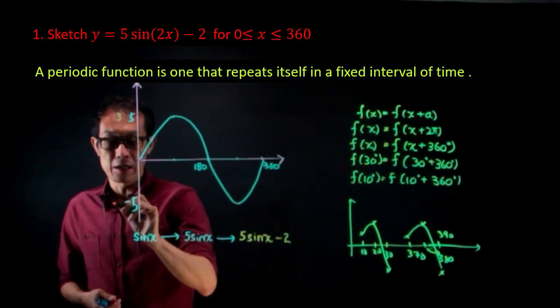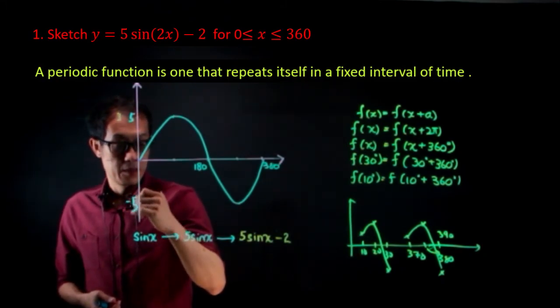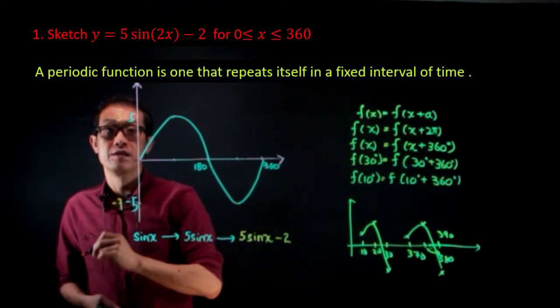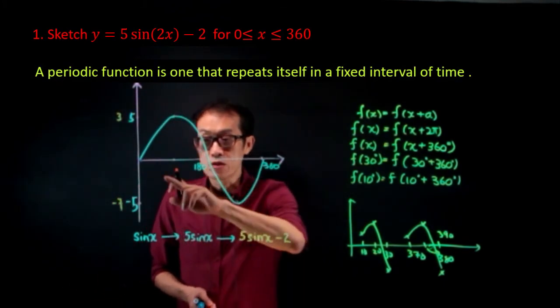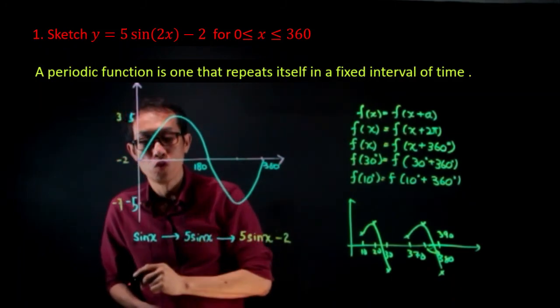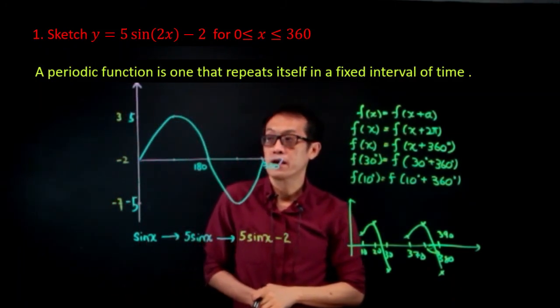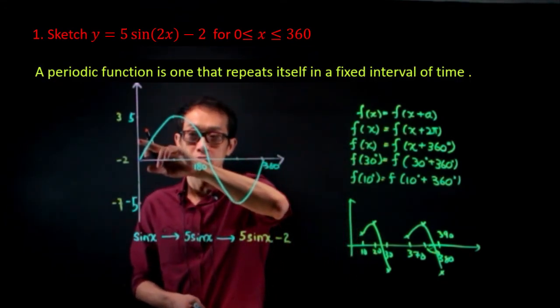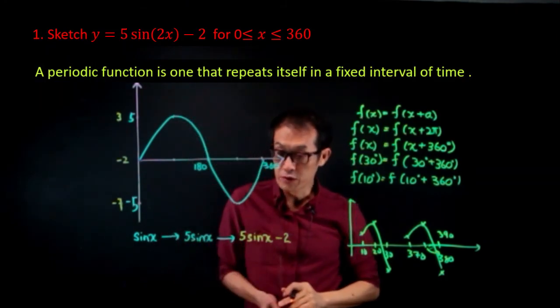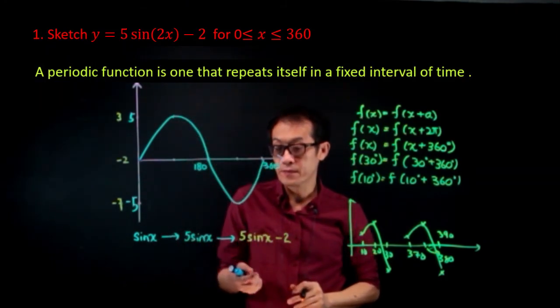This will become minus 7. This was 0, now becomes minus 2. So 0 is somewhere here now. We'll do the x-axis later.